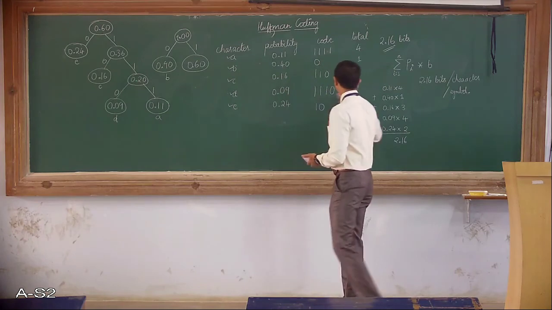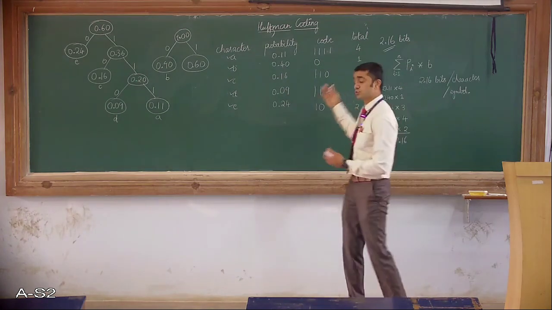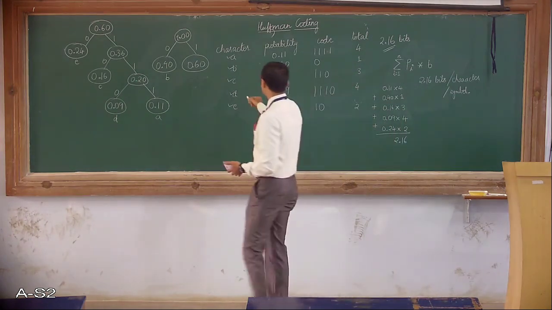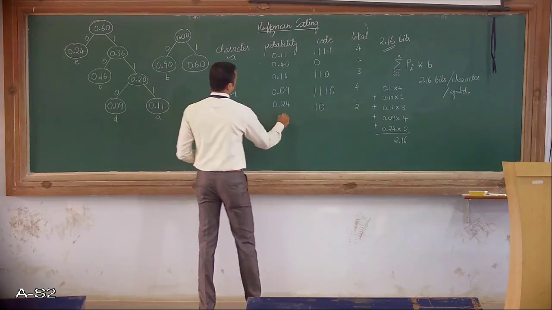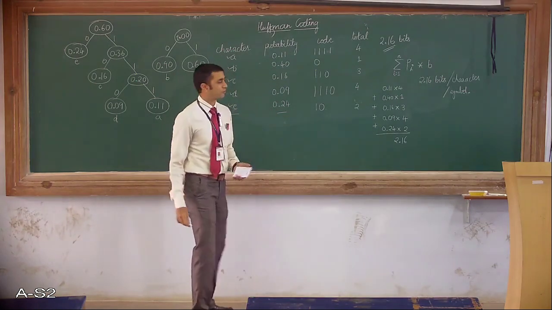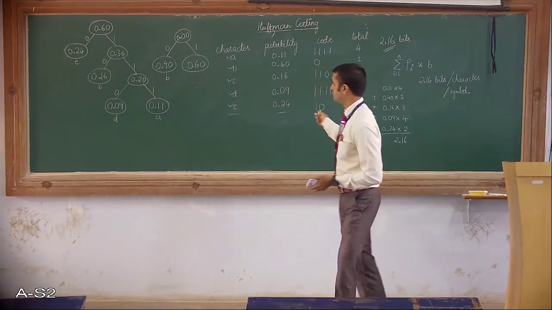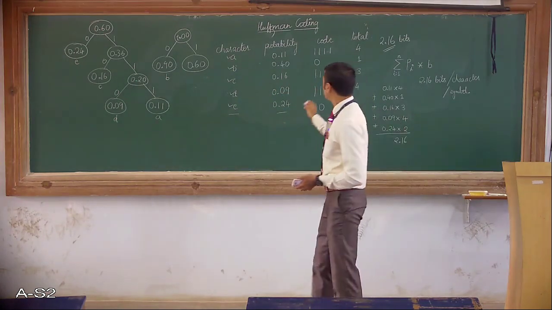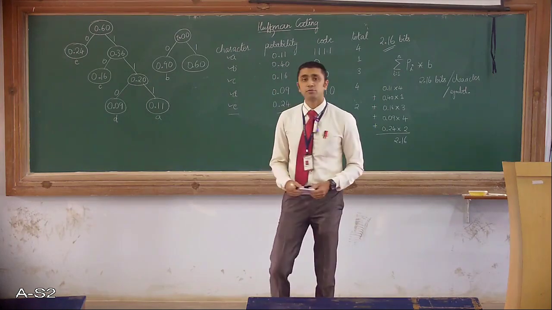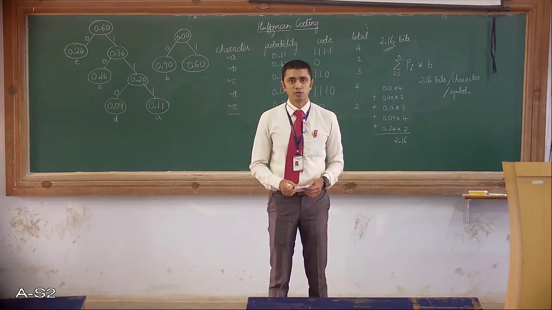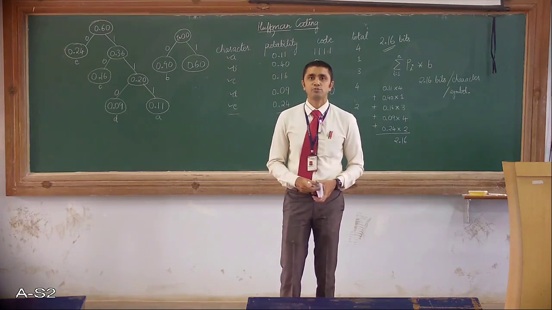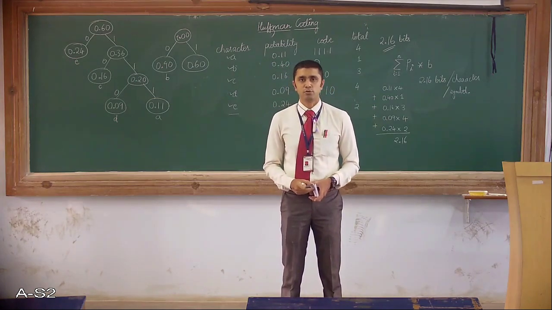So this is exactly how you solve Huffman coding. You will be given the character and probability, and you have to calculate the average number of bits in this manner. Alright, so this was another version of the Huffman coding algorithm, and this was the last of your unit 4. Thank you very much.